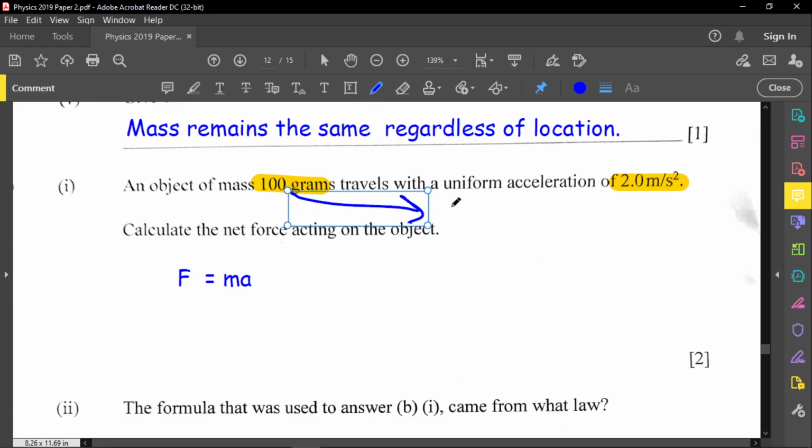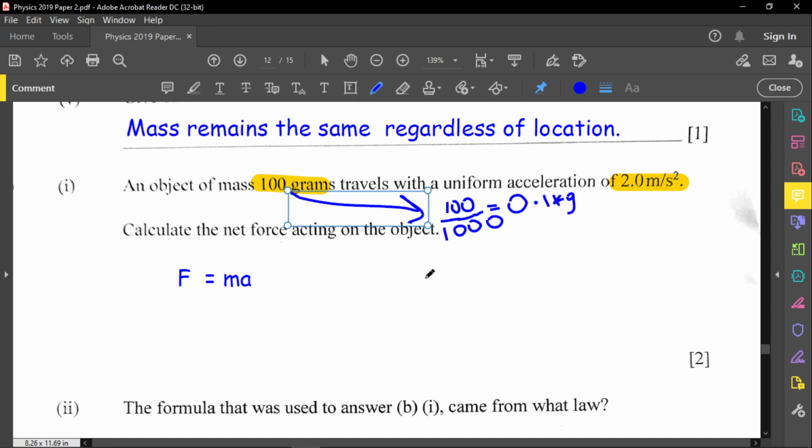And so our mass here will be 100 over 1,000, which gives us 0.1 kg. So 0.1 kilograms.